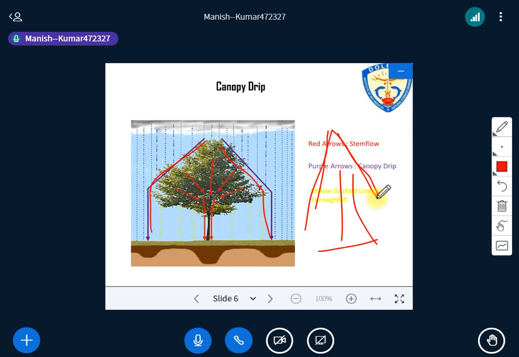So when you talk about the canopy drip, generally this canopy drip happens in coniferous vegetation. Is it clear to all of you now, all the terms? Fine. Now you have understood everything.